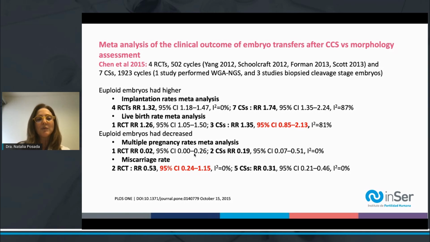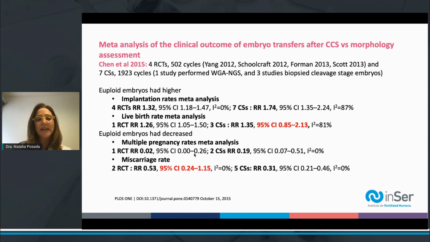The transfer of euploid embryos was associated with a higher implantation rate for the 4 RCTs, with a 30% increase in implantation rates, and a 74% increase in the implantation rates for the observational studies, results which were very similar to what was published in the previous meta-analysis.